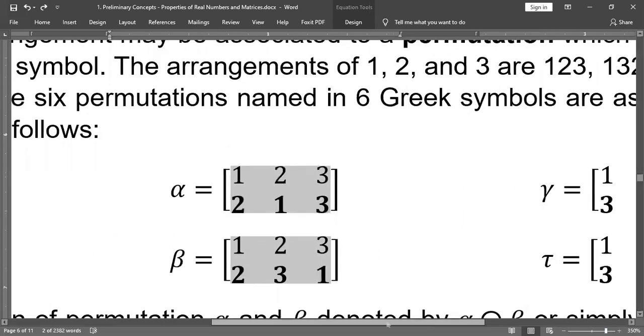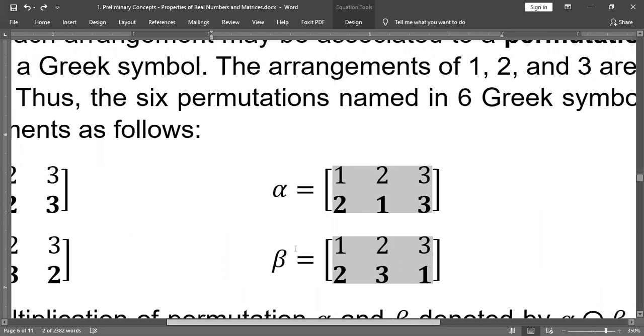Ayan, okay na. Yung element 1 natin kay beta goes to 2. Okay? And element 2 natin kay alpha goes to 1. So, ibig sabihin, yung element 1 sa product ng alpha and beta goes to 1.